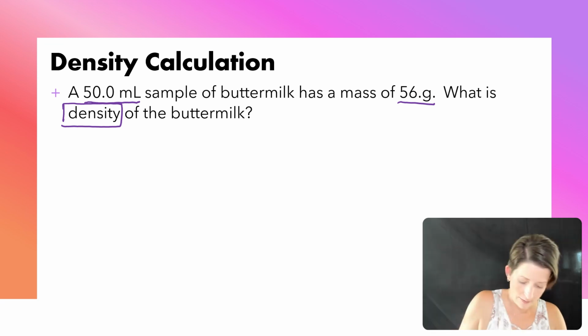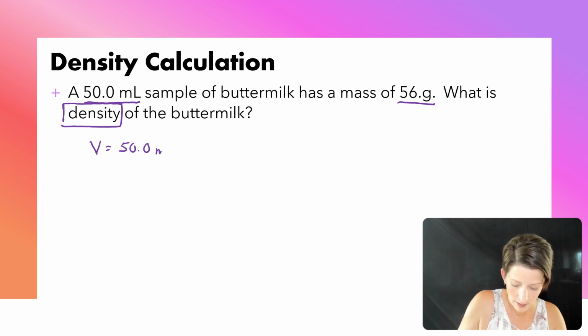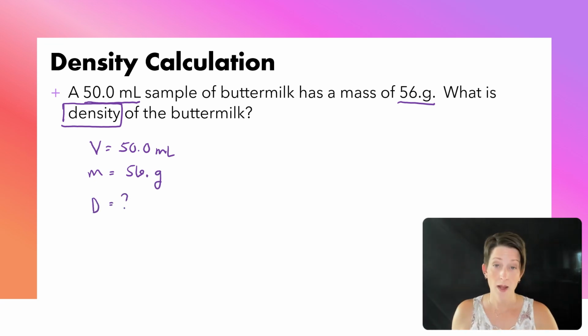Write everything down. So I know I have a volume of 50.0 milliliters. I know I have a mass of 56 grams. I am looking for density. Here I don't need a unit map because density is the representation of mass and volume. So it's one calculation.